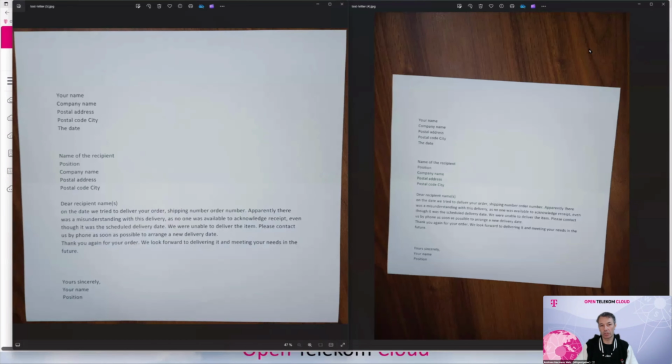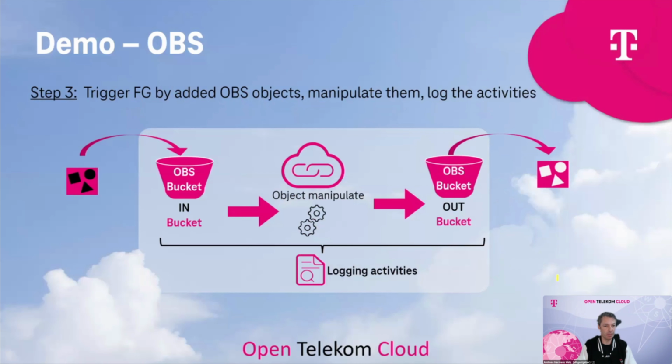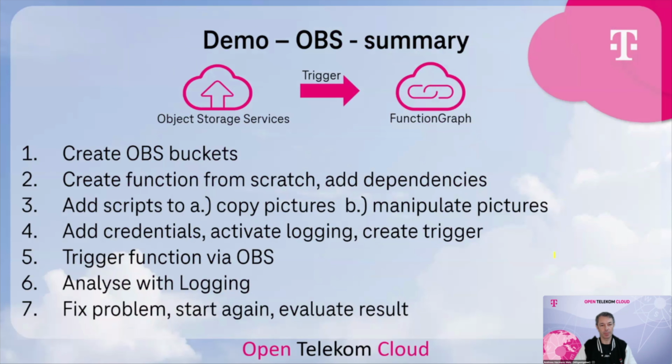You can see it's now straightened and compressed. So that was the next step. We triggered FunctionGraph by the added objects, we manipulated them in the object storage, we logged the activities, and we could see the changed picture in the out bucket. Yeah, that is what we did.